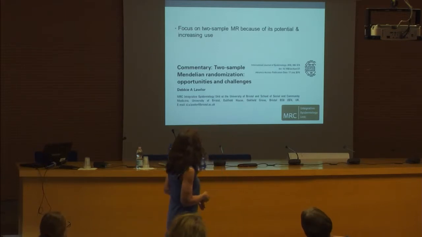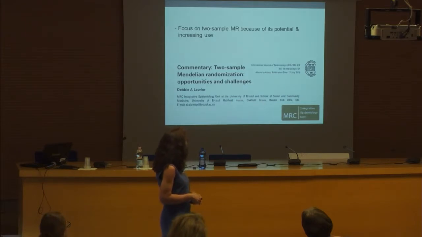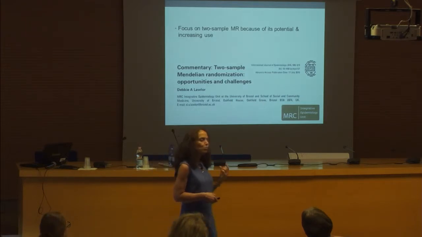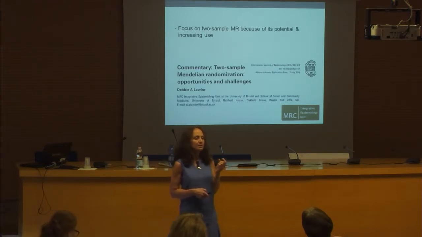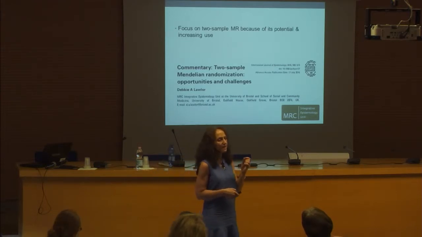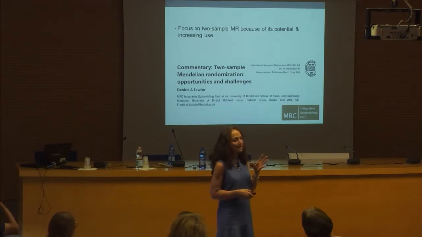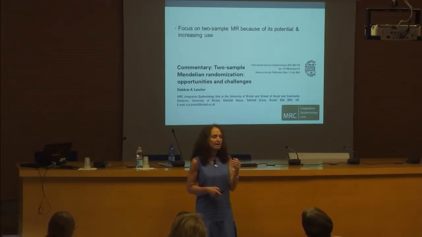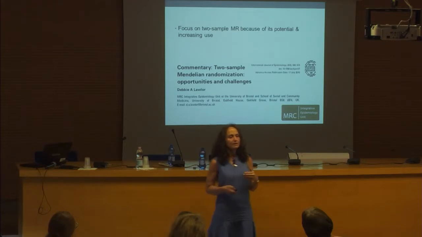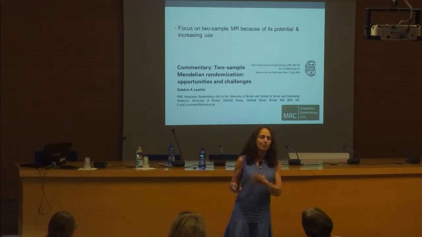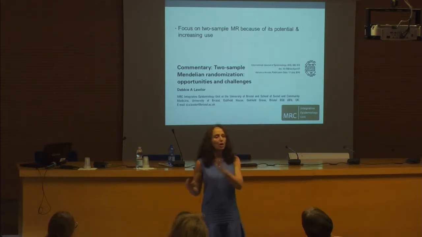So this was a commentary I was asked to do for the International Journal of Epidemiology, which was for one of their first 2-sample Mendelian randomization studies with aggregate data. And it was a study looking at the causal effects of adiposity measured by body mass index and waist circumference on a whole range of cancer outcomes.